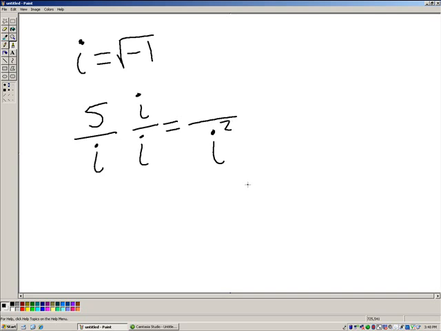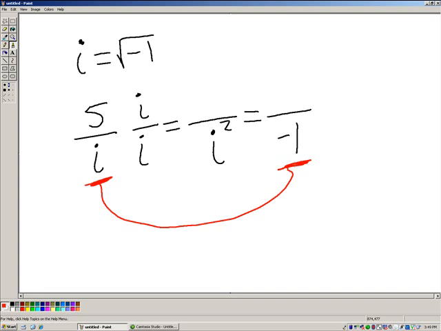And as we know, i squared, the square root of -1 squared, is going to be -1. So we're going to be turning an irrational i into a rational -1. That's called rationalizing the denominator. So we multiply the denominator by i so that we can turn the irrational i into a rational -1.